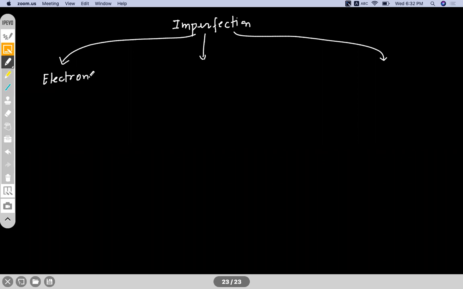Electronic imperfection, as the name suggests, is because of the movement of electrons. The second one is atomic imperfection. It is because of the movement of atoms or ions, atomic imperfection or atomic defects.